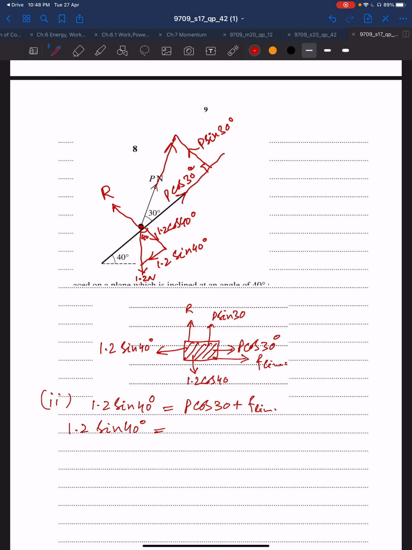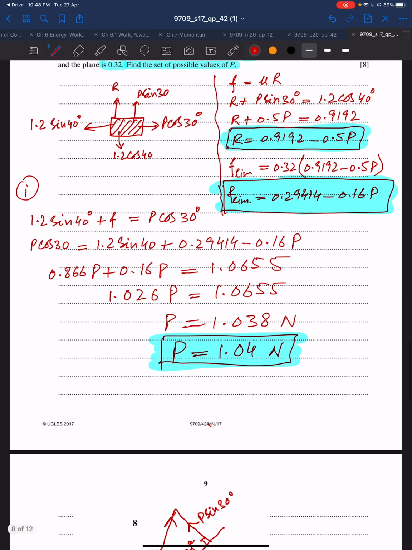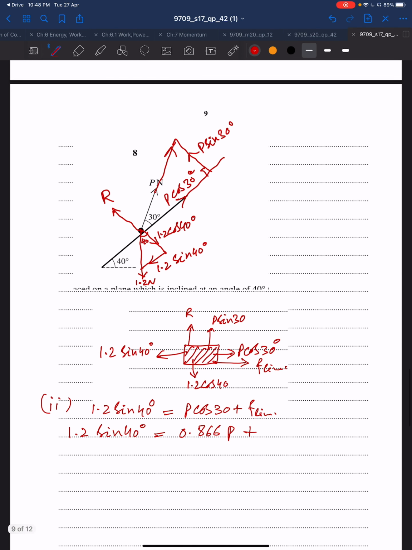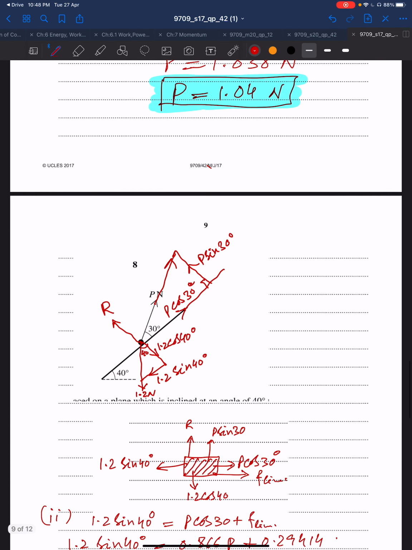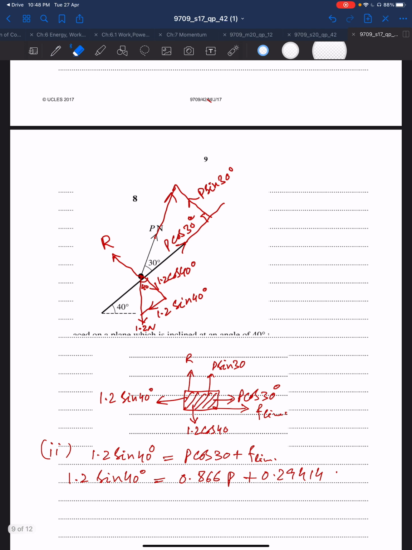So 1.2 sine of 40 is equal to P cos of 30, which is 0.866 P, plus friction, which is 0.29414 minus 0.16 P. We'll bring this constant to this side to subtract.